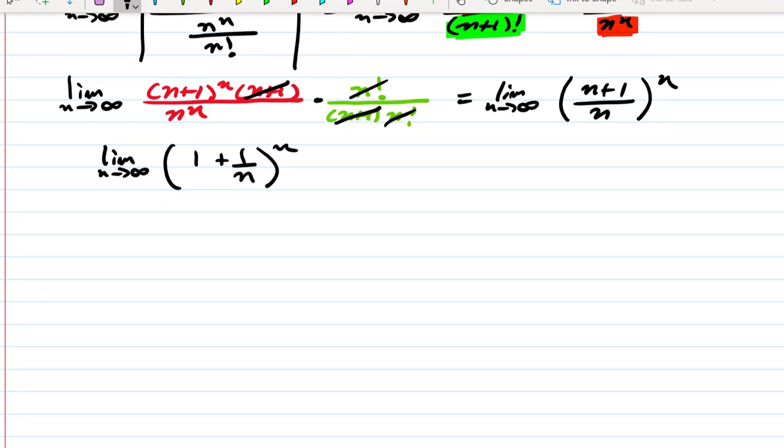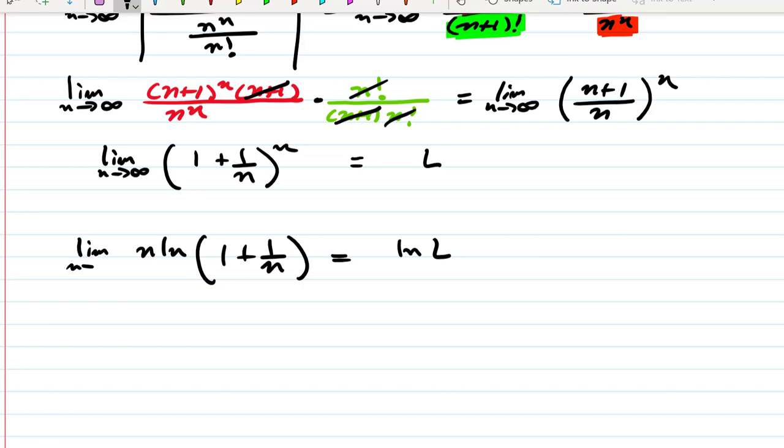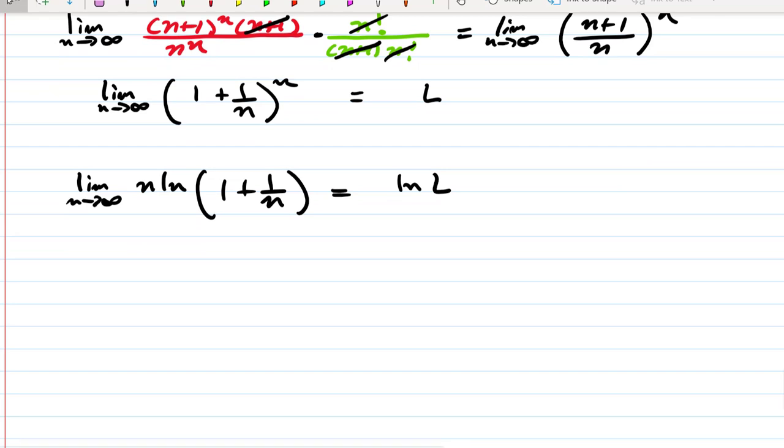So let's suppose that this equals the limit L, and then if we take the natural logarithm of both sides, we would have n ln(1 + 1/n) is equal to ln L. And the limit as n goes to infinity is going to be infinity times the natural log of 1, which is 0.